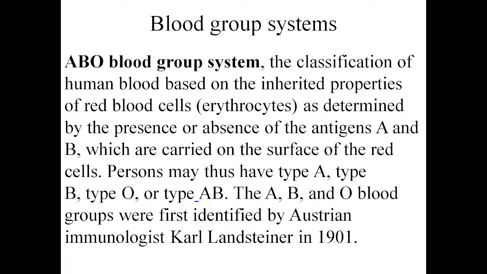A person may have type A, type B, type 0, or type AB. The A, B, and 0 blood groups were first identified by Austrian immunologist Karl Landsteiner in 1901.